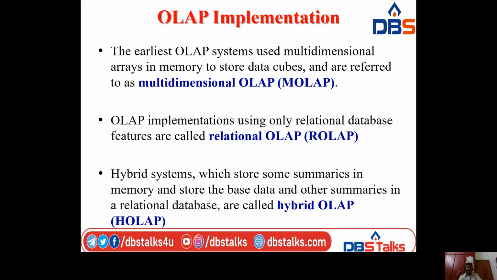The final one, the hybrid, can use both: for some purposes it uses the data cube, and for other purposes it uses relational OLAP. The mixture is called hybrid OLAP. These are the three different types of implementations we use to analyze and process large amounts of data online.